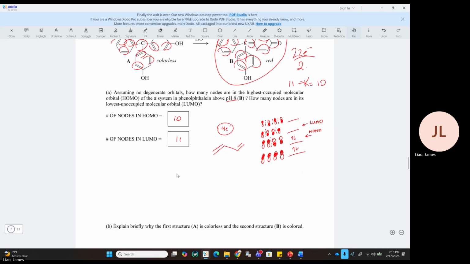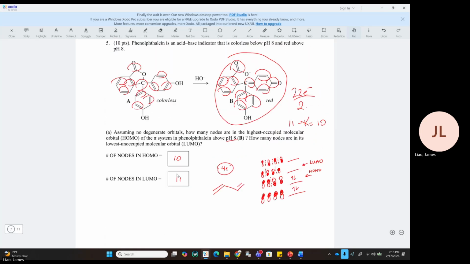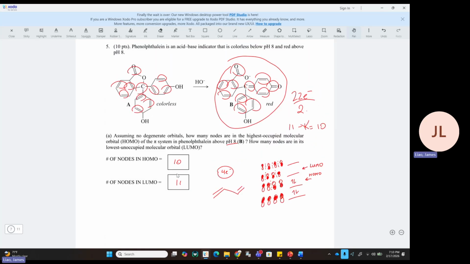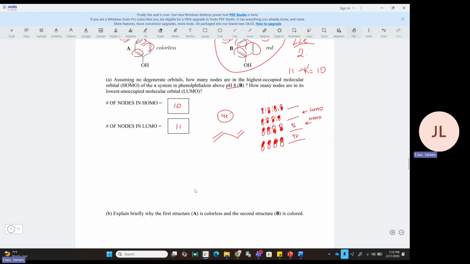So the higher the HOMO and LUMO are in terms of nodes, the more the energy difference, or delta E, decreases, and it's going to skew more towards the visible light spectrum. A high delta E makes it more skewed towards the ultraviolet spectrum.